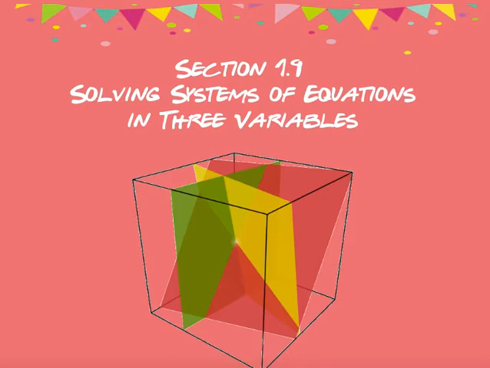Algebra 2 students. Today's lesson is going to discuss solving systems of equations, just like we've done in previous lessons, but this lesson is going to involve having three variables. Now, just like we talked about in previous lessons, if we had two unknowns or two variables in equations, we needed to have at least two equations to solve.